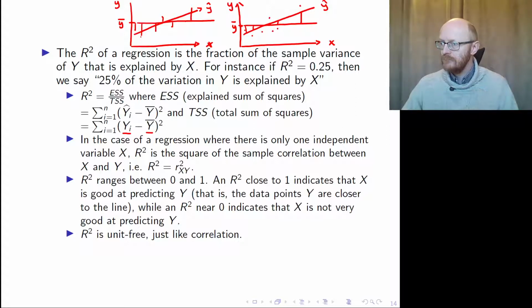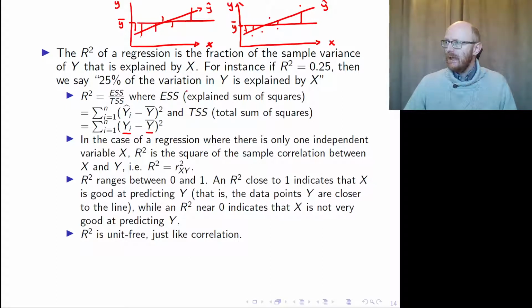So if you want to calculate the R squared, you just add up all these squared differences for the explained sum of squares, and you add up the squared differences for the total sum of squares, and you take the explained sum of squares divided by the total sum of squares.